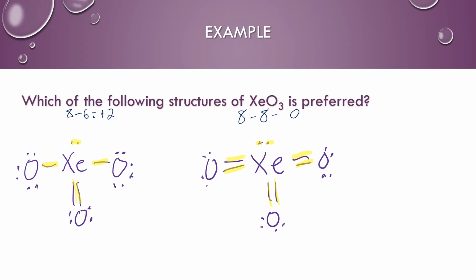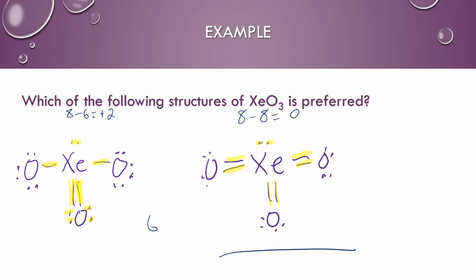So already looking at just the xenon atoms, it's looking like this structure might be the preferred one because of the formal charge of 0 on the xenon. But let's double check the oxygens. Oxygen normally has 6 valence electrons. If you have a structure that has 2 bonds and 2 lone pairs, that gives us 6 total for an oxygen.